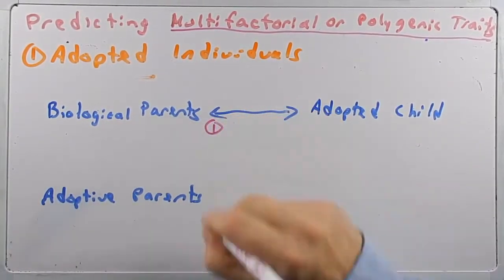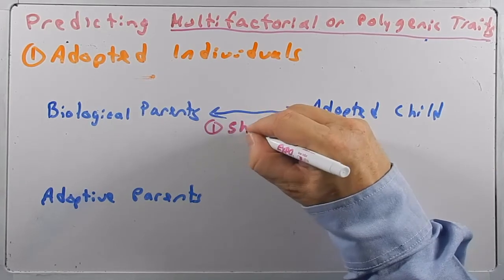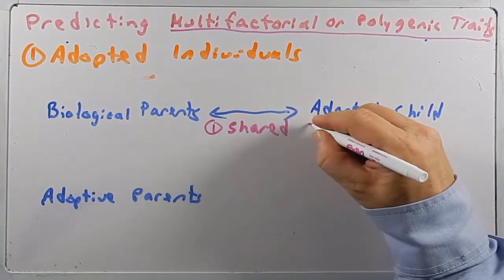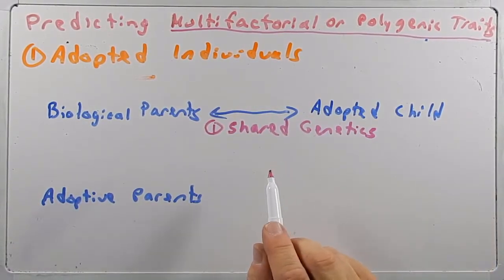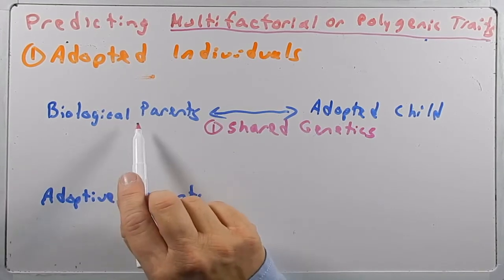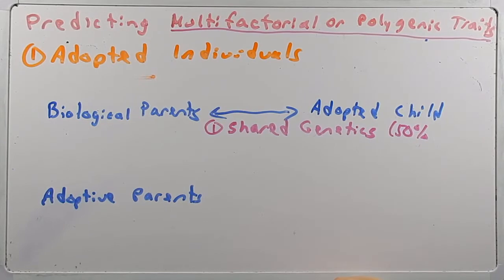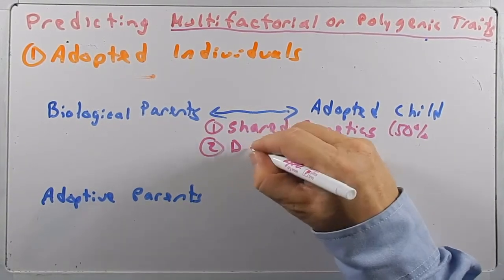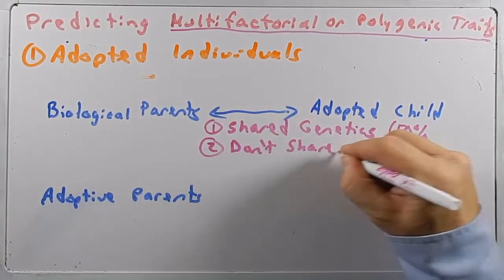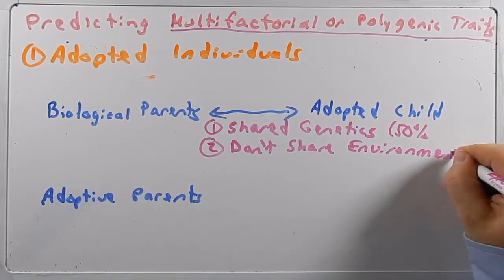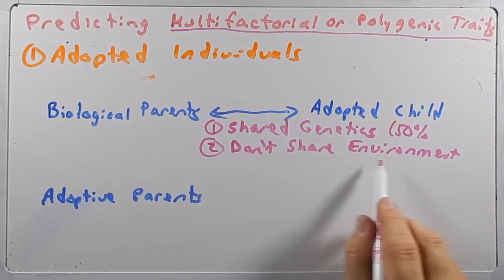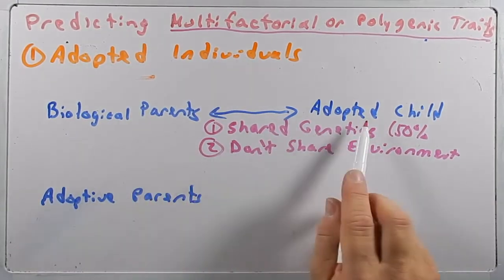One is that they have a shared genetics. From the last whiteboard, we know that the biological parents share about 50% genetics with the adopted child. However, they don't share the environment. So any trait that has an environmental link is not shared by these two individuals.